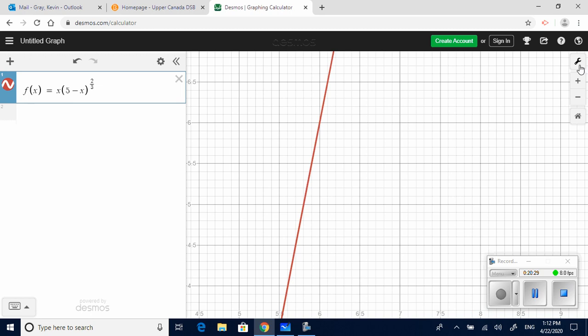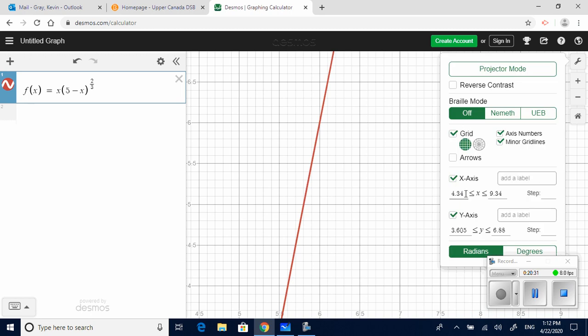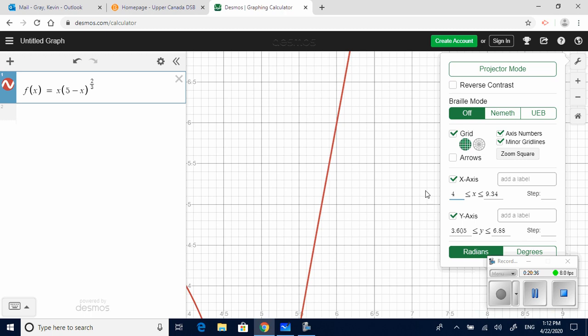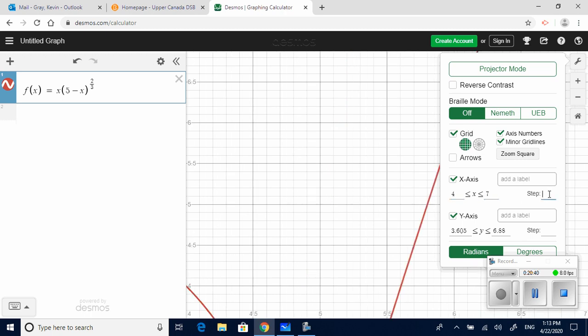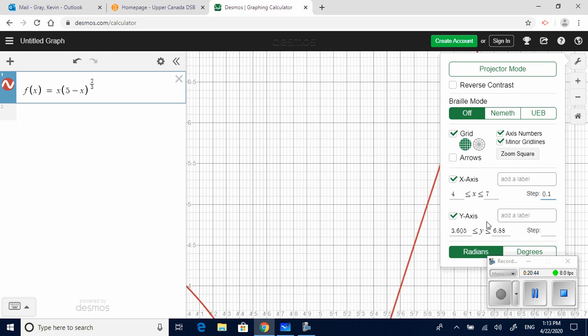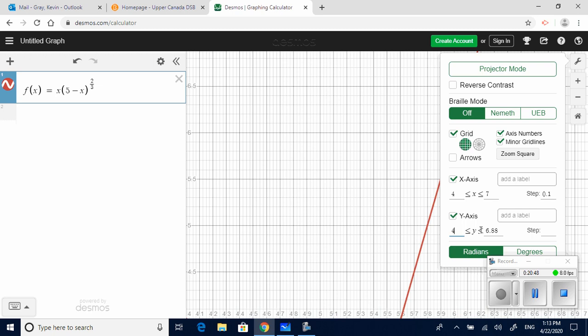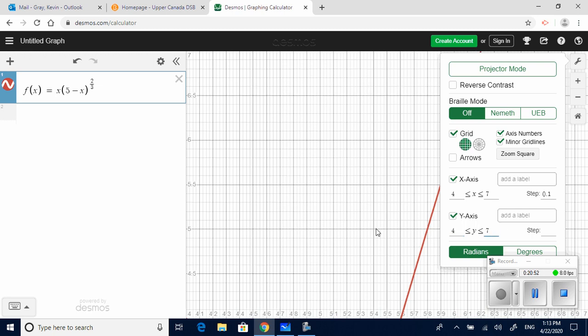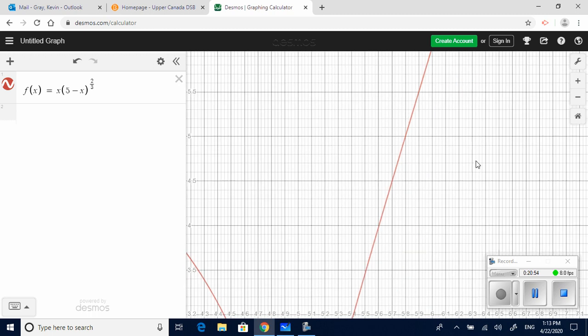I can even try to adjust it. So let's go between 4 and 7. I have a step pattern of like 0.1. And I go between 4 and 7 as well. Still don't.